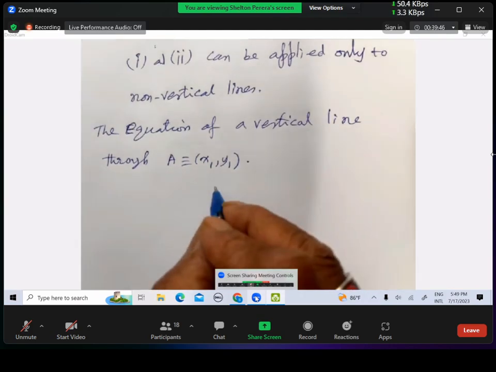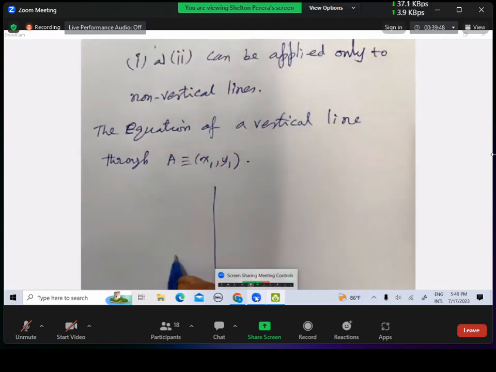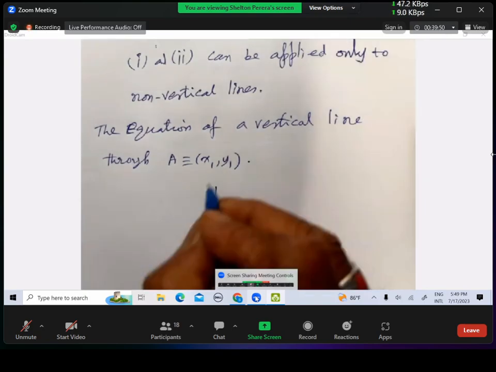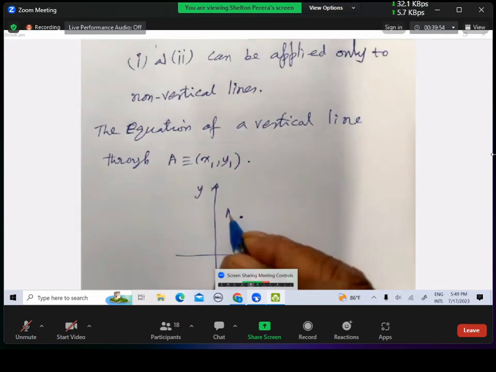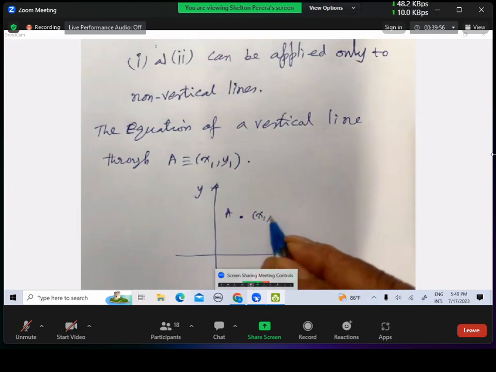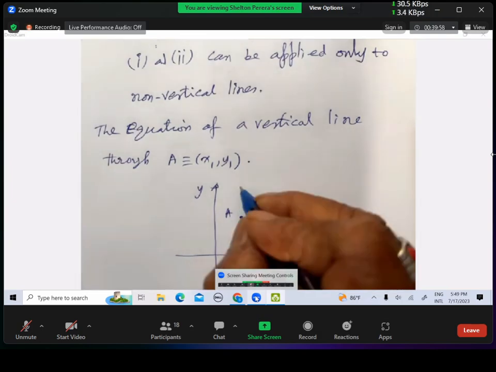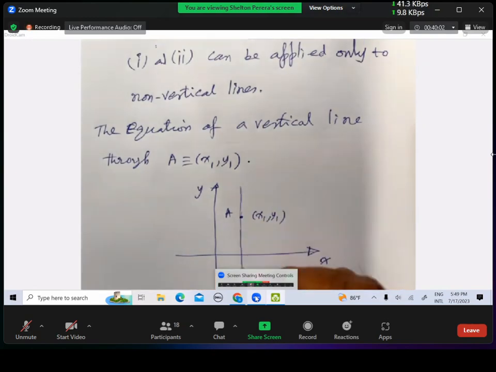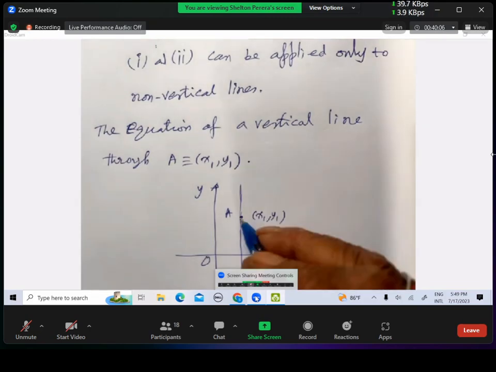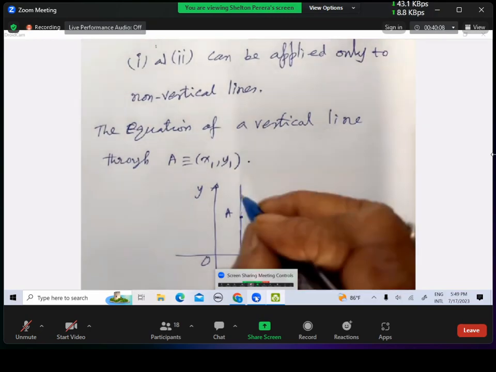So draw a diagram. X-axis, y-axis. A, let us say here, x1, y1. A vertical line through this, meaning a line parallel to the y-axis. What is the equation of this line?